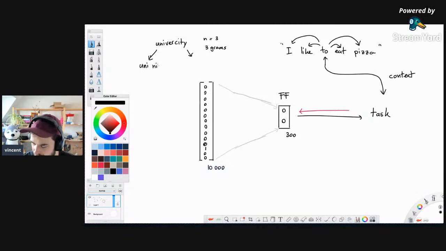You have "niv", you have "ive", and we have a whole bunch of them. And at some point we'll come here to "cit" and here to "ity". Oh wait, I think I drew one too many over here, but I hope the idea is clear.